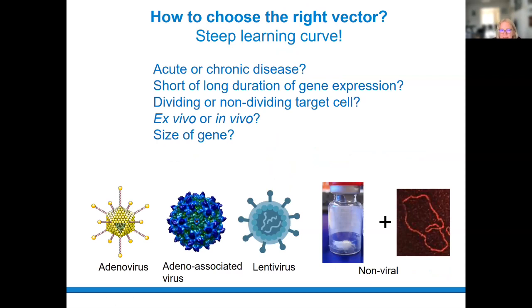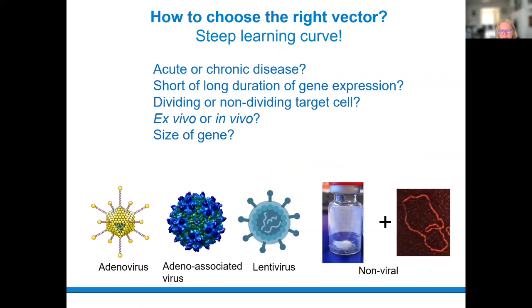Now, since the early 90s, gene therapy certainly had a slow start, and it took us years to establish proof of concept that gene therapy works. And this was because we were on a very steep learning curve. We didn't know which of the viral vectors or the non-viral formulations we should be using for specific genes.